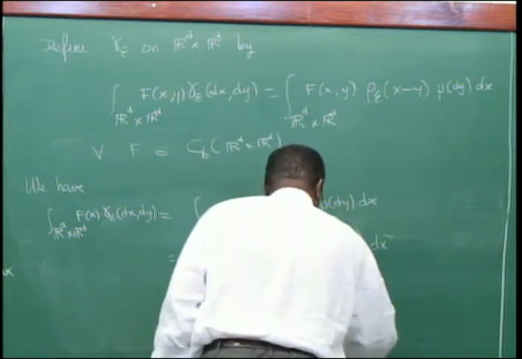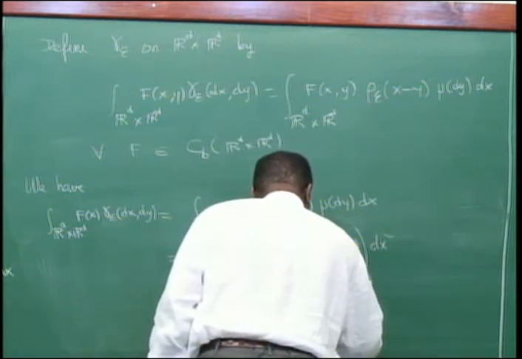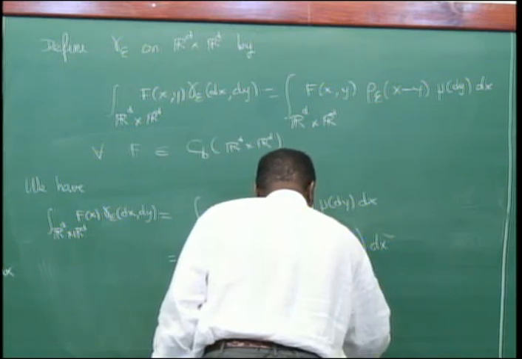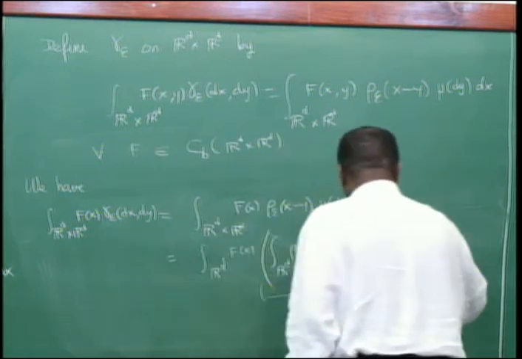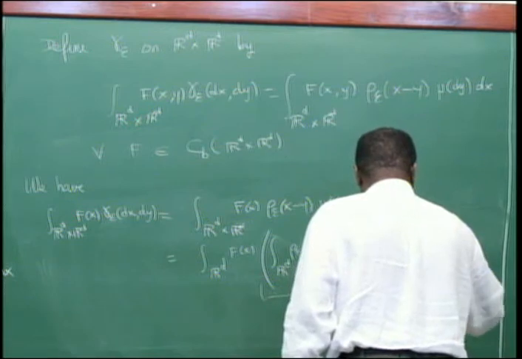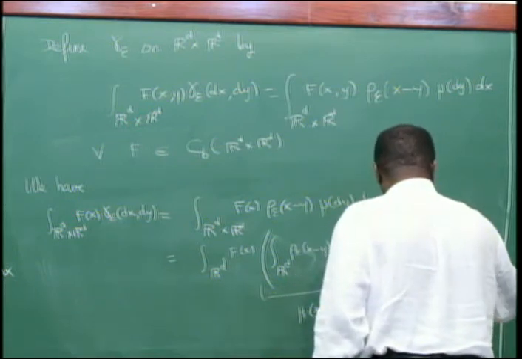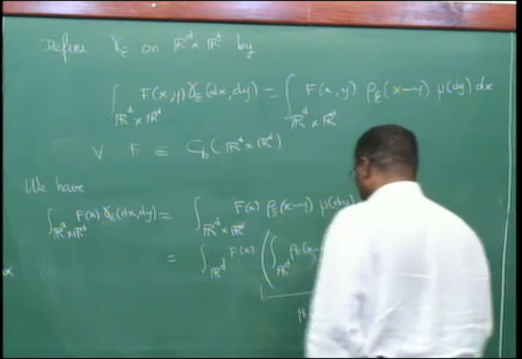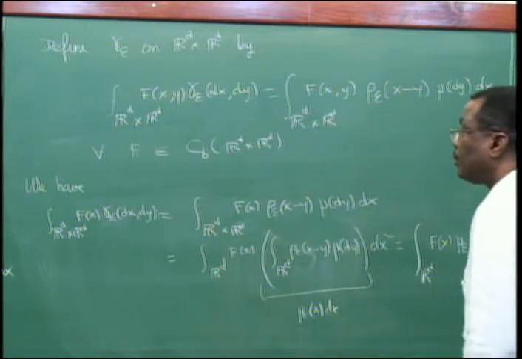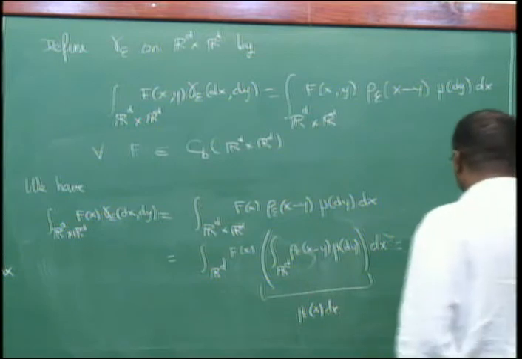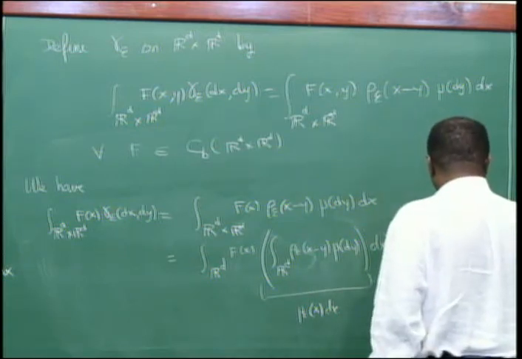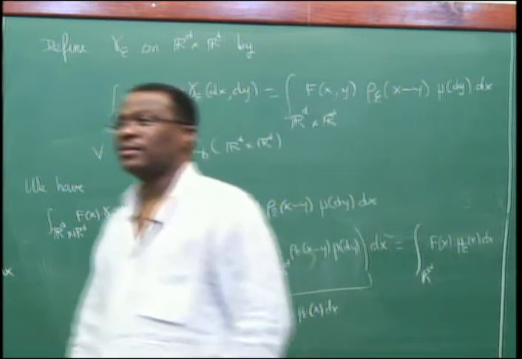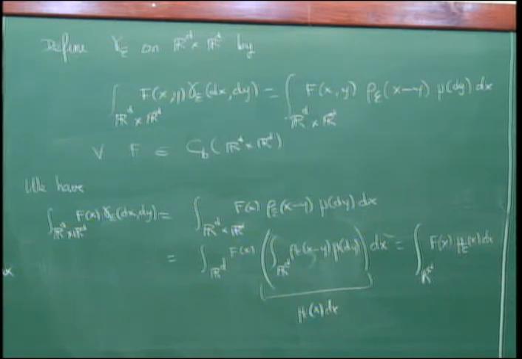But this is mu epsilon of x ds. So that is the integral over Rd of f of x, mu epsilon of x ds. This proves that the first marginal of gamma epsilon is mu epsilon dx.